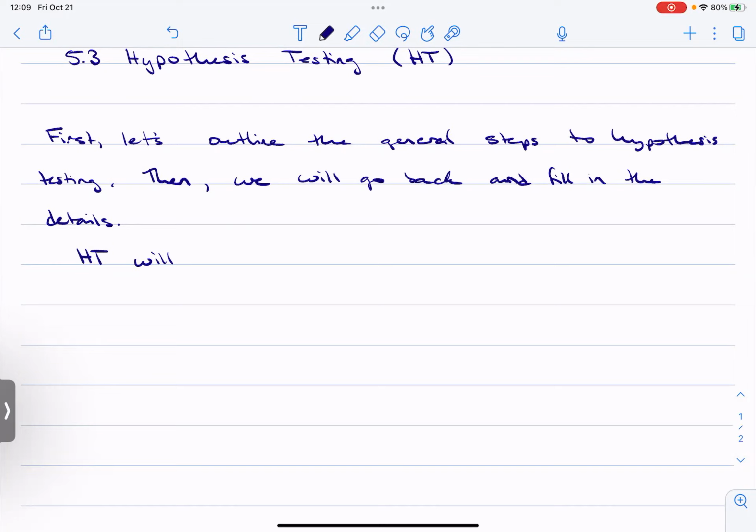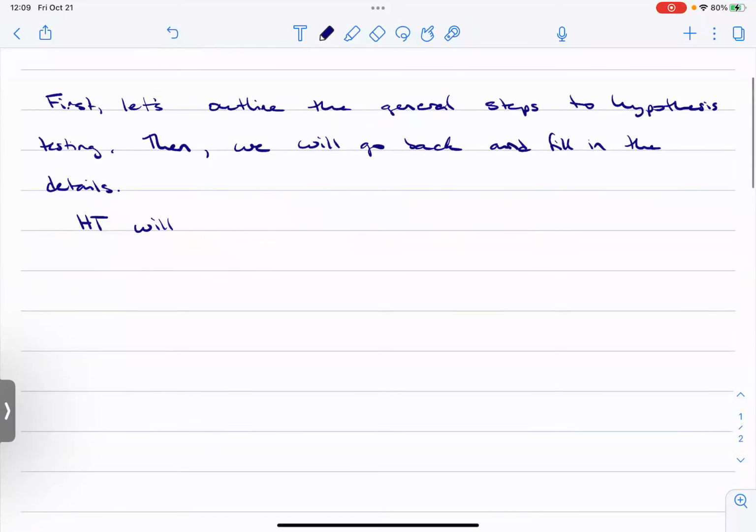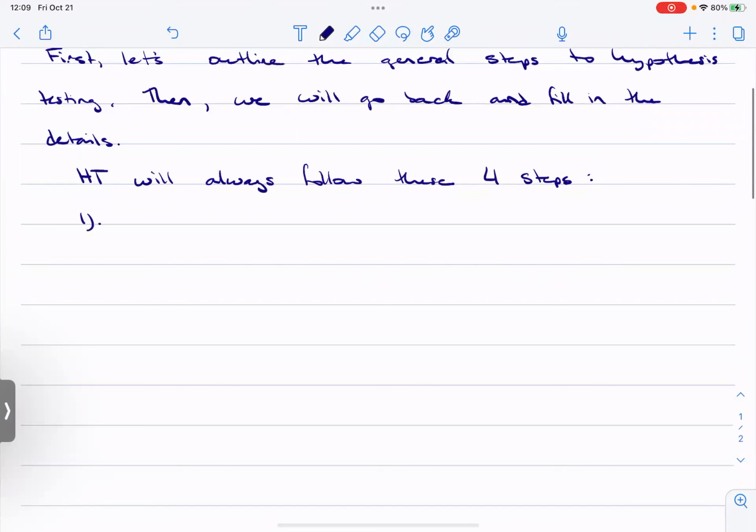So hypothesis testing will always follow these 4 steps. First step will be to state your hypothesis.